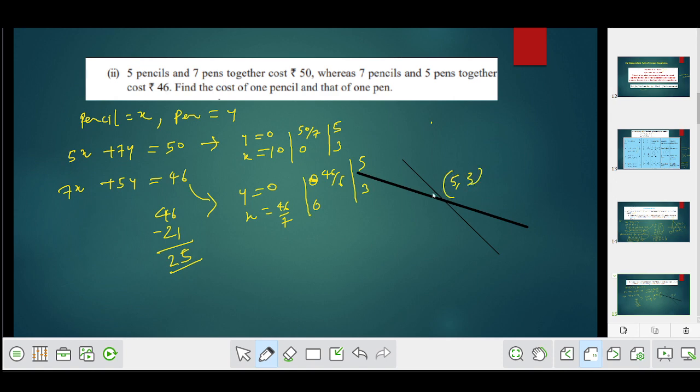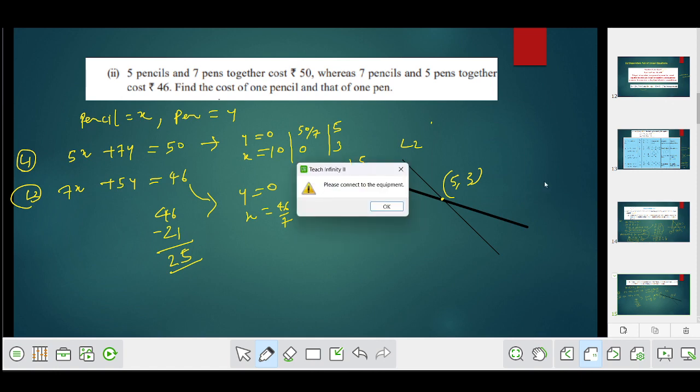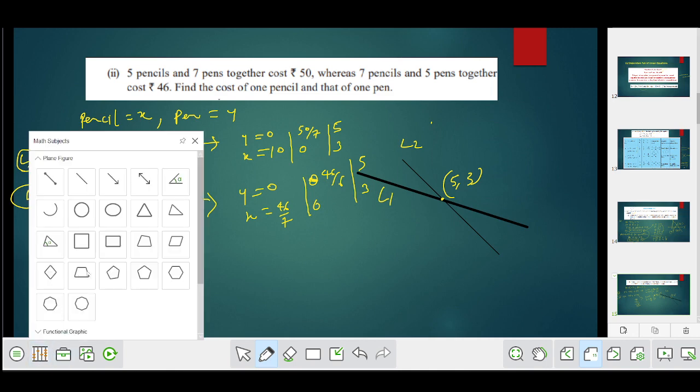Okay, this is line 1, this is line 2. Clear? Now, we should draw one more point.